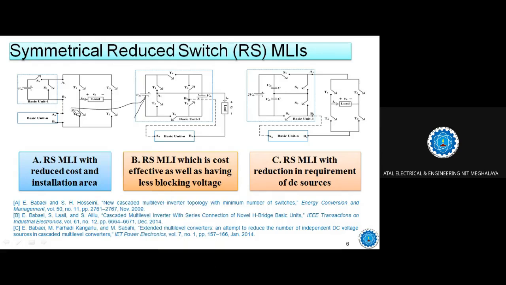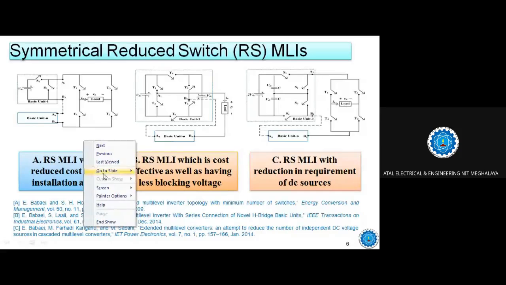So here you see this structure. In the first structure, there is a DC source and there are two switches. This DC source with two switches is used for generating the levels, or creating the levels, you can say. And there is a full bridge, T1, T2, T3, T4, four switches.